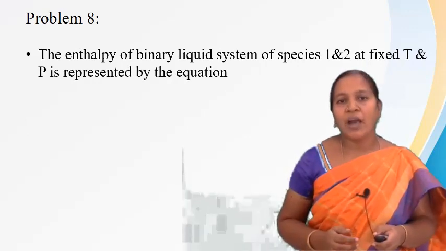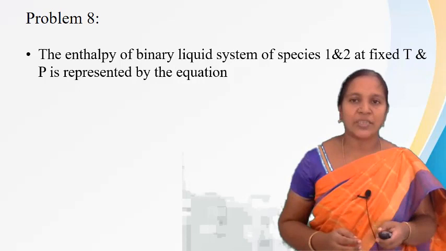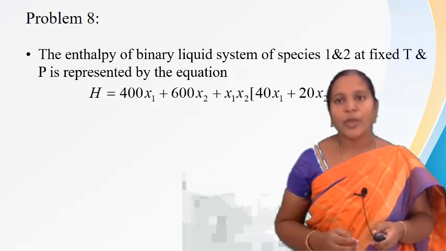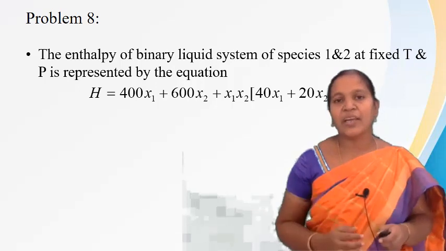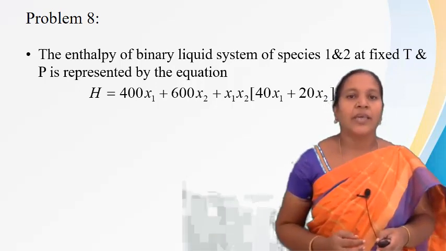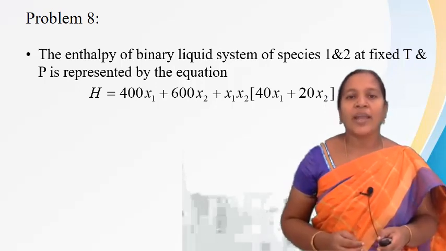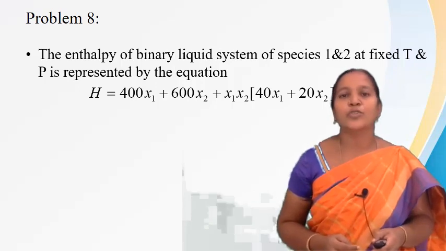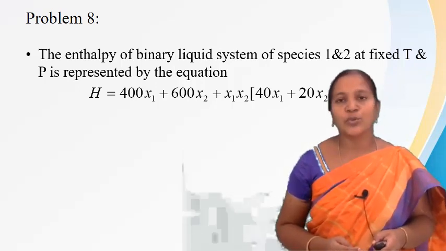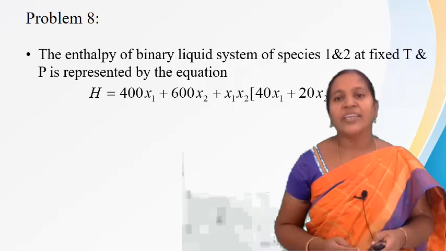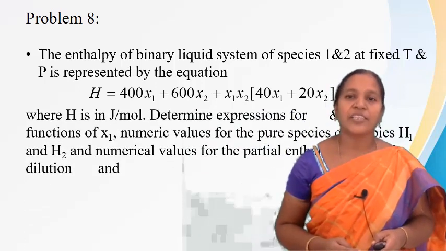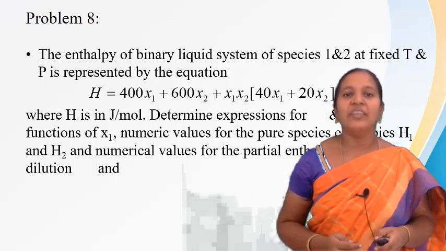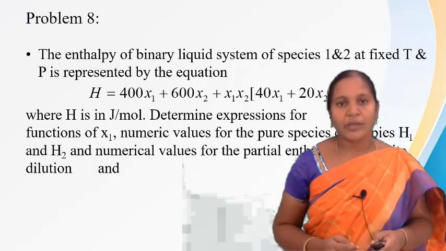The enthalpy of a binary liquid system of species 1 and 2 at fixed temperature and pressure is represented by the equation H is equals to 400x1 plus 600x2 plus x1x2 multiplied with 40x1 plus 20x2. This is the given expression for enthalpy in joules per mole.